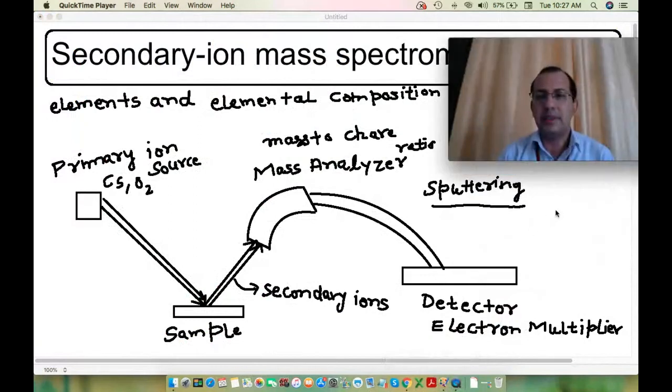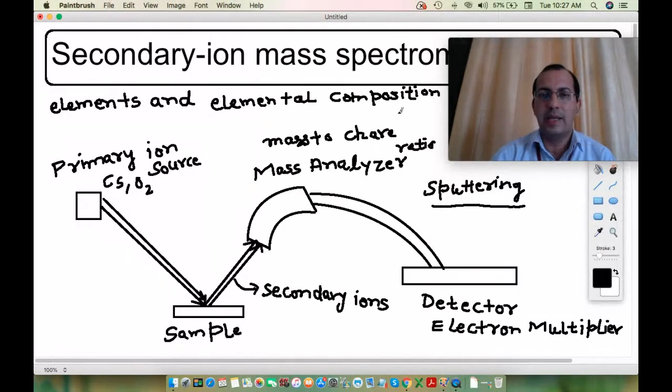That material coming from the surface will be the sputtered material in this case. You have both possibilities: sputtering, and the secondary ions which are emitted during this. Once the secondary ions are produced in this process, you would have the separation in the mass analyzer.